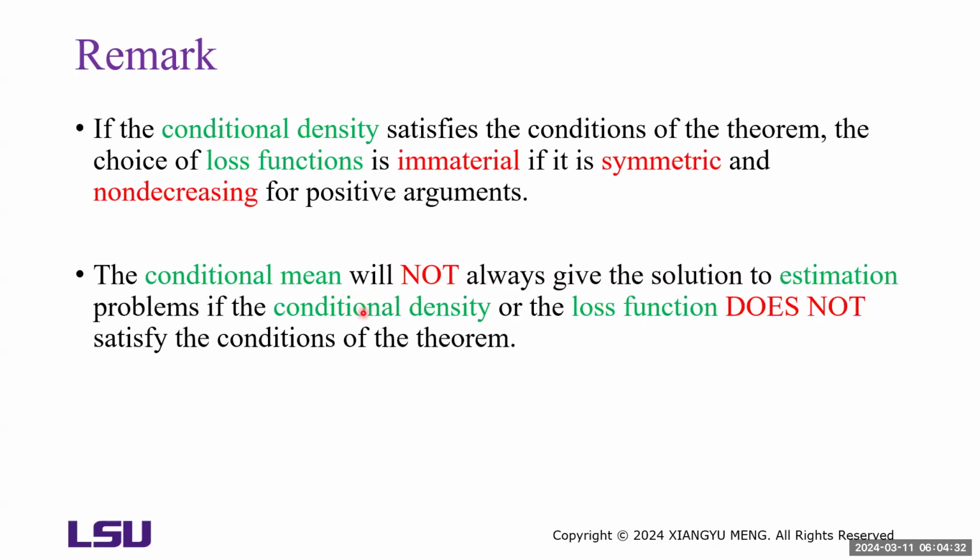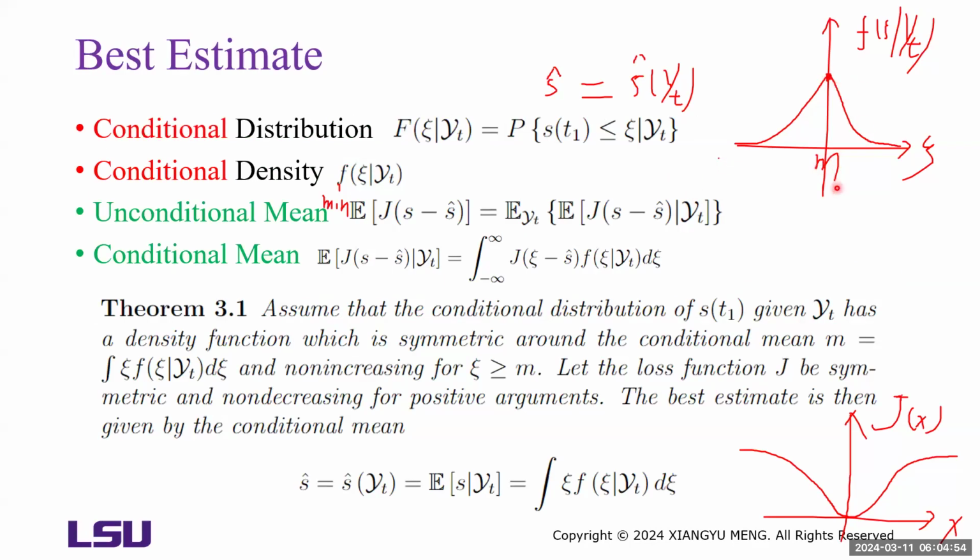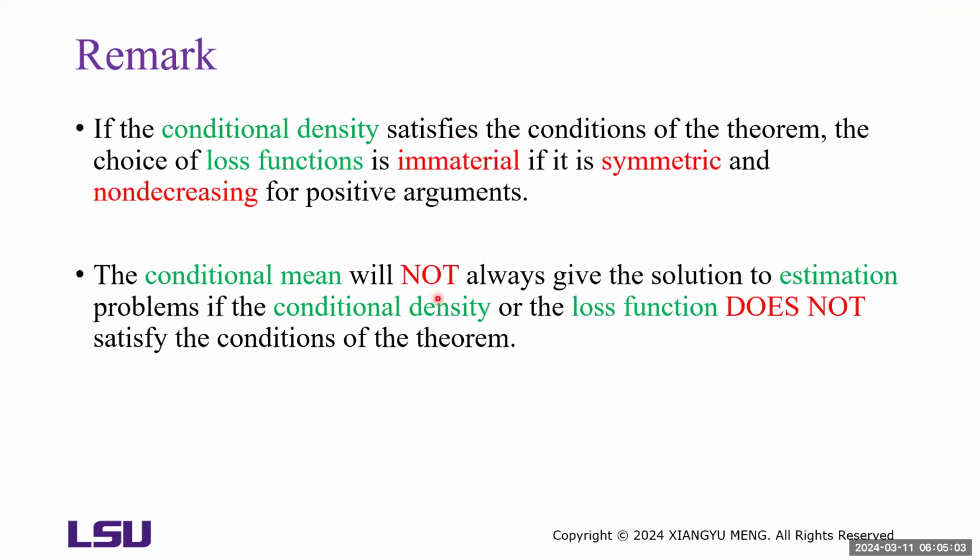The next remark tells us the conditional mean will not always give the solution to the estimation problems if the conditional density function or the loss function does not satisfy the condition of the theorem. For example, if the density function is not symmetric around the mean, then the best estimate of the unconditional mean may not be the conditional mean.